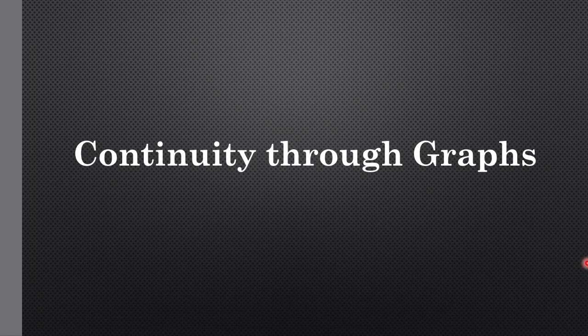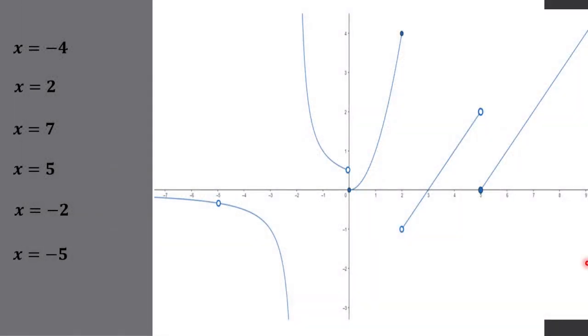In this video, we're going to cover continuity through graphs. So we're just going to examine the given graph and then identify if the given function is continuous. Let's say we are given values of x, and we would like to identify if the function is continuous.